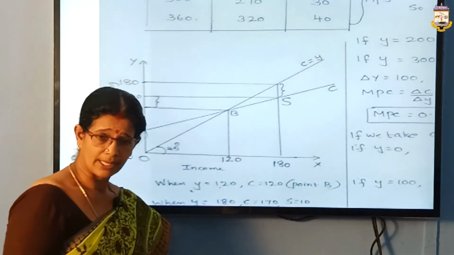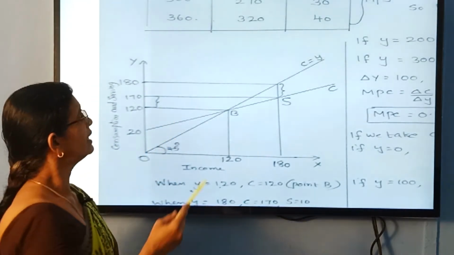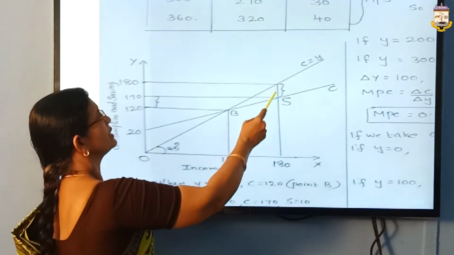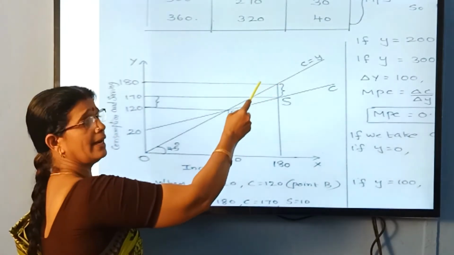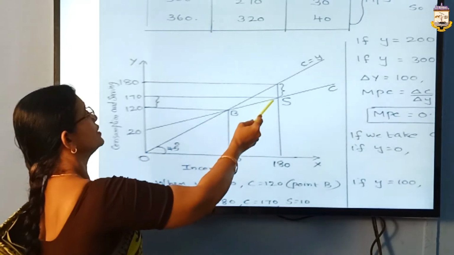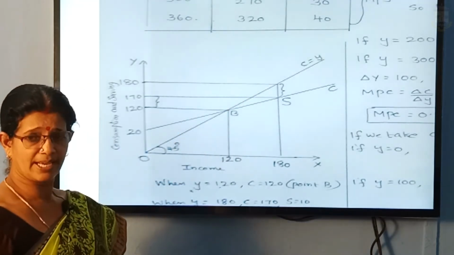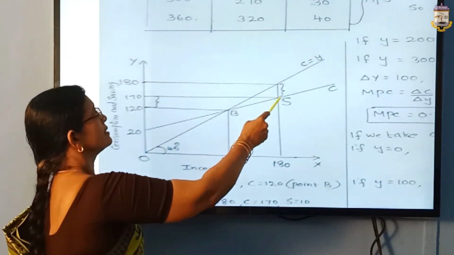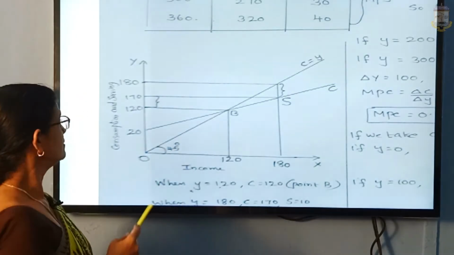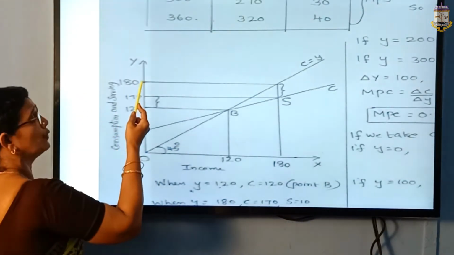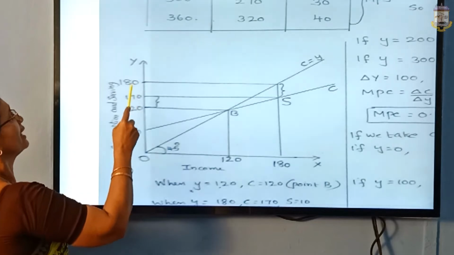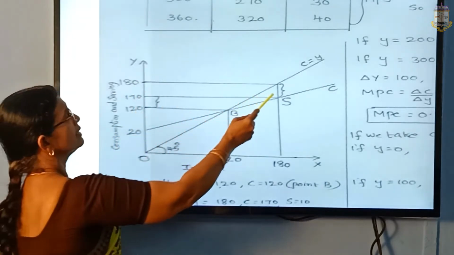Again, to the extent of 10 crores they are saving. So the vertical distance between the 45-degree line and this point S represents saving, and this distance represents the increase in saving. How do you derive the increase in saving? 180 minus 170, that is saving.